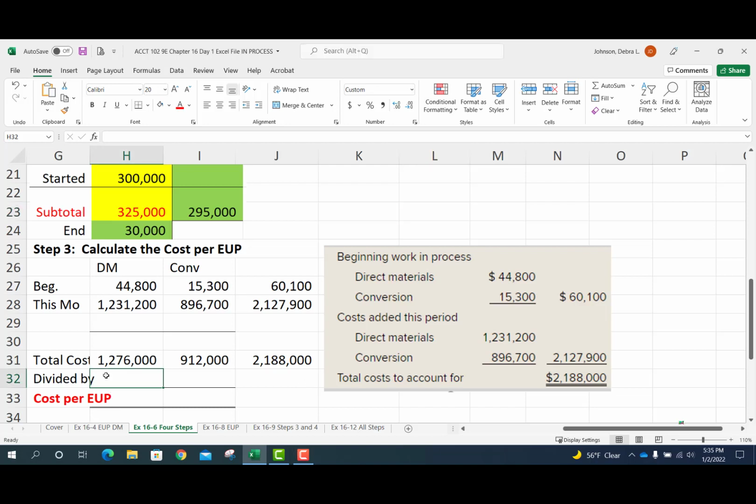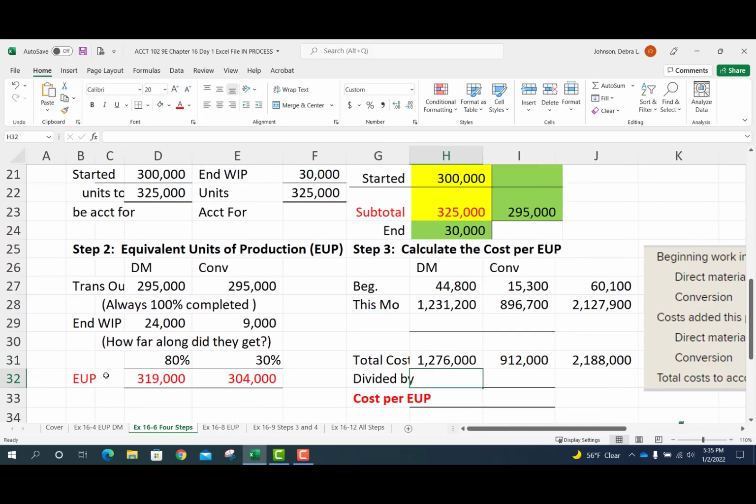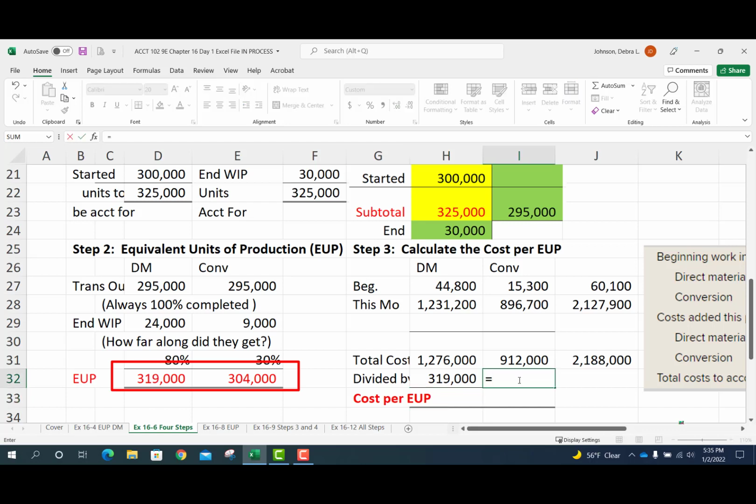And that would come from step 2, the step that we just completed. So I'm going to go grab the 319,000 equivalent units for materials, and let me go grab the equivalent units of production for the conversion costs.